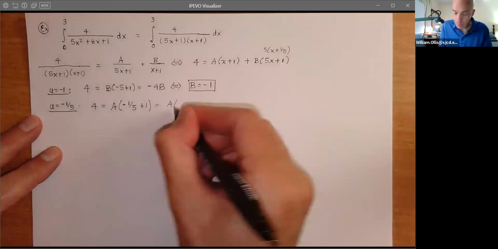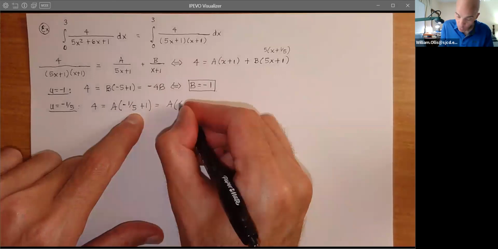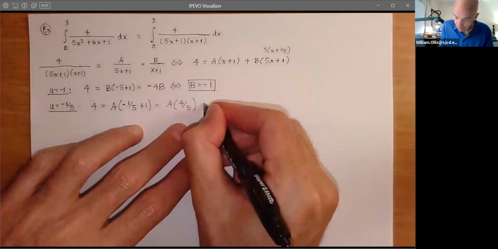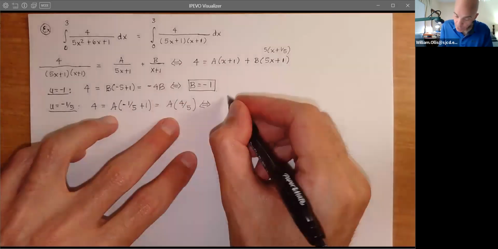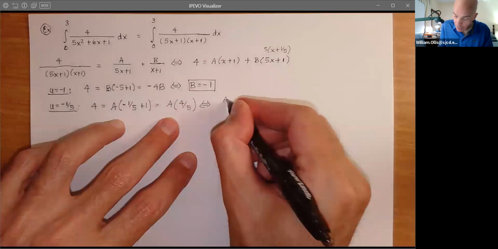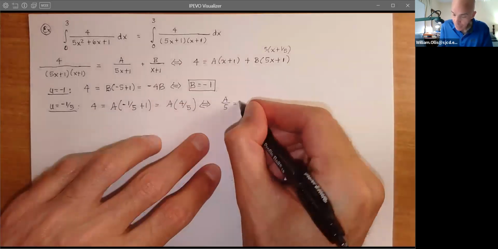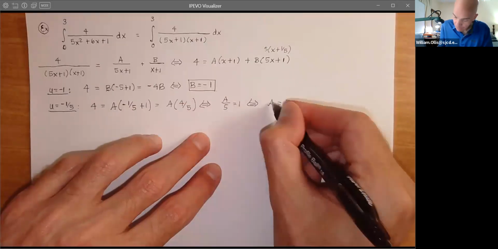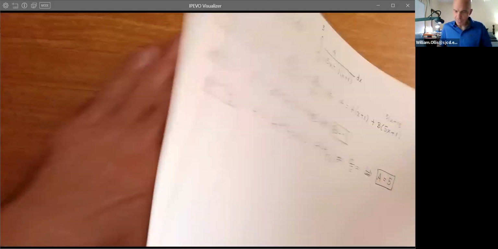Of course that'll be 5 over 5, so -1 over 5 plus 5 over 5 is 4 over 5. And so now the 4 is absorbed, and we just get a over 5 equals 1, if and only if a equals 5. All right, that's something on the desk.